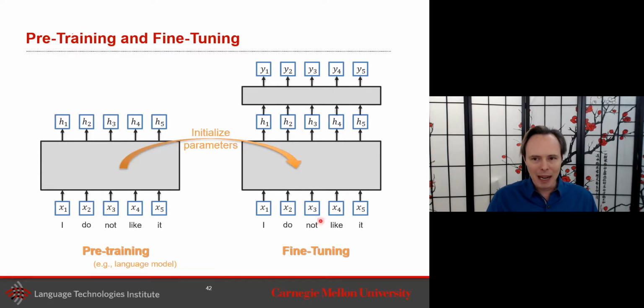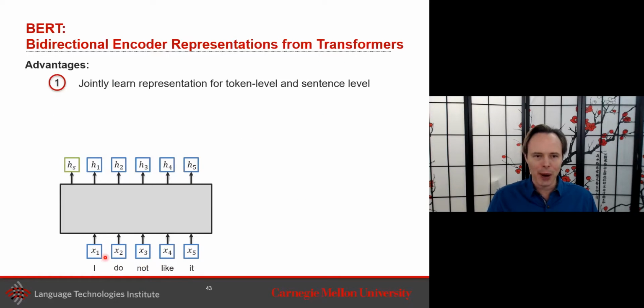So that's my goal. And one very interesting way of training those transformers is called BERT, bidirectional encoder representation from transformer. There are quite a few advantages of that approach. One is to jointly learn representation for token level and sentence level.